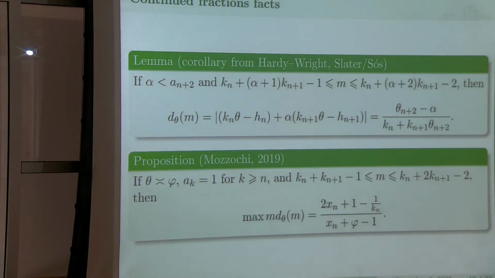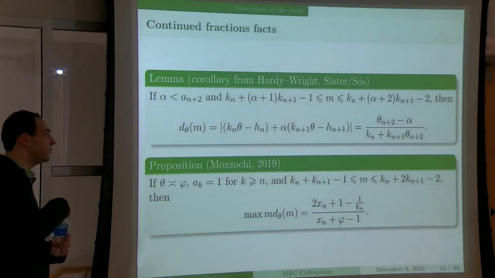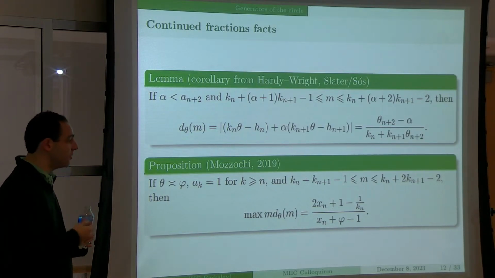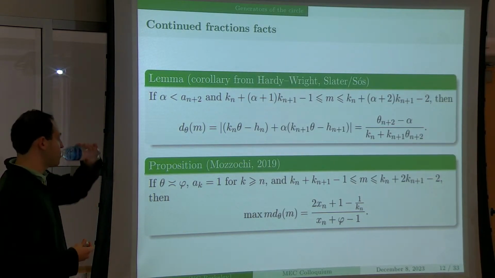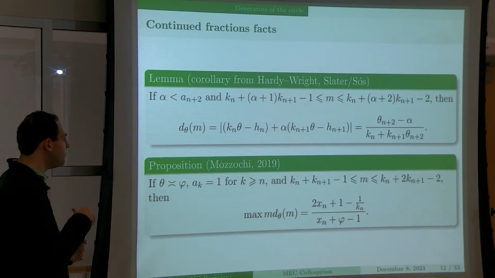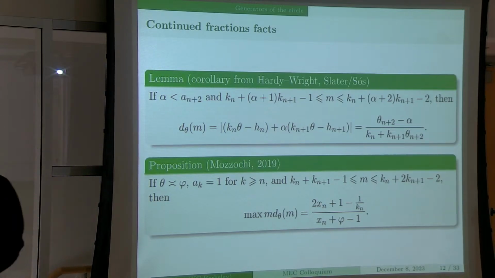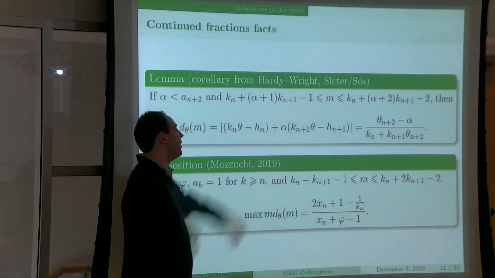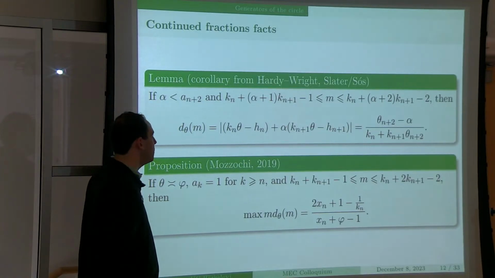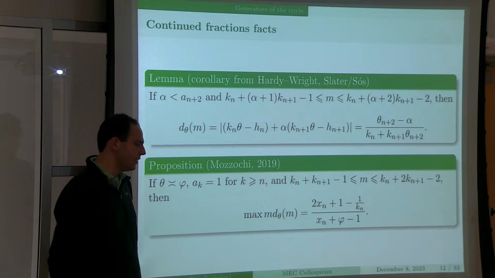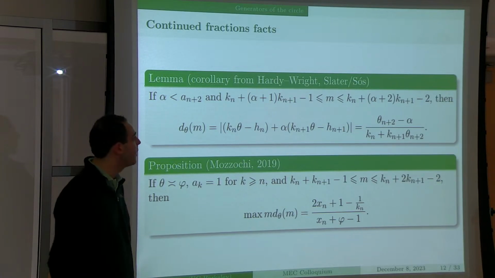And now we're going to be able to set up some of these facts that are going to be useful for both proving the result of the limit theorem and then the theorem that we're going to have subsequently. If you combine some results of Slater and Such, and also Hardy and Wright, they've got a beautifully written chapter on continued fractions in their book, I think it's Intro to Theory of Numbers.